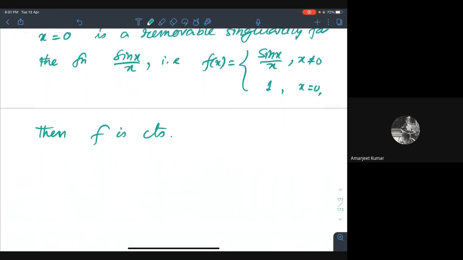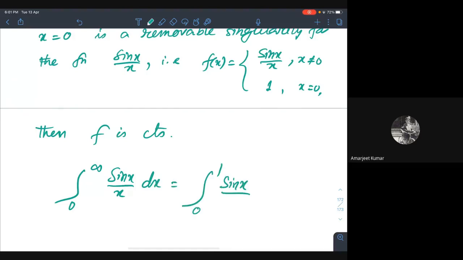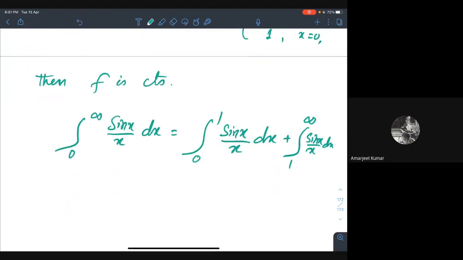Once this is continuous, you can look at the integral from 0 to infinity of sin x by x as the sum of two integrals: the integral from 0 to 1 of sin x by x dx plus the integral from 1 to infinity of sin x by x dx. So this part is fine.